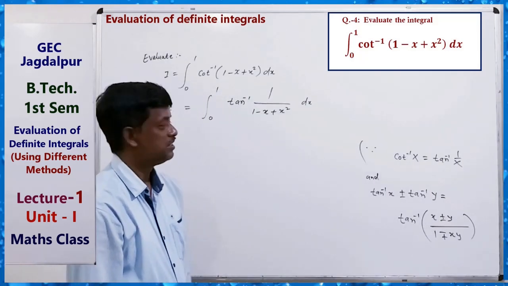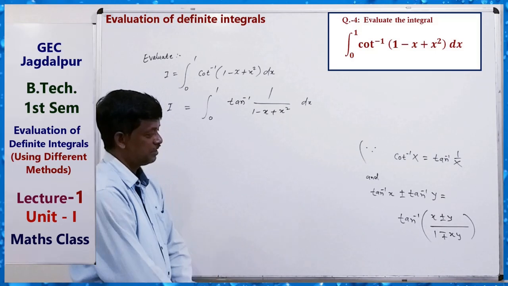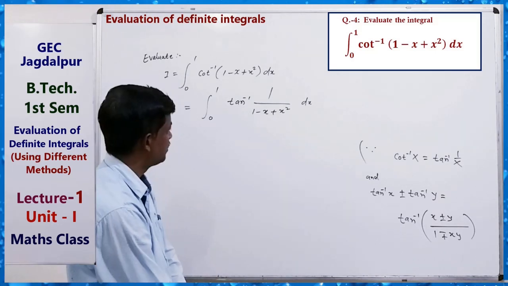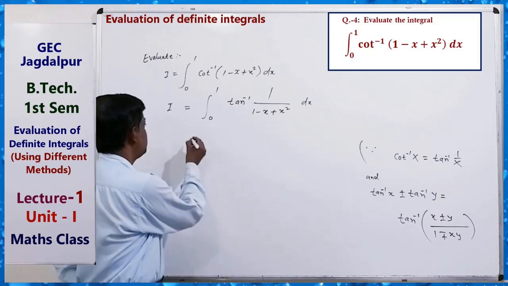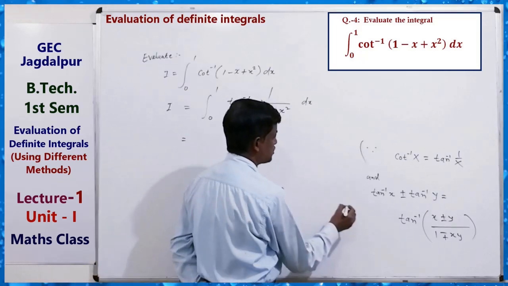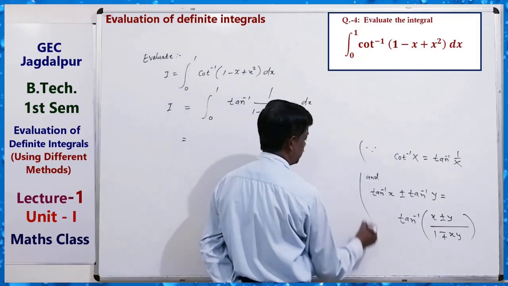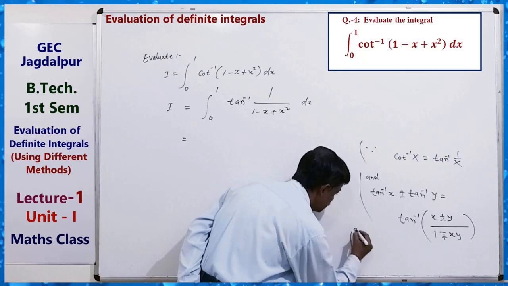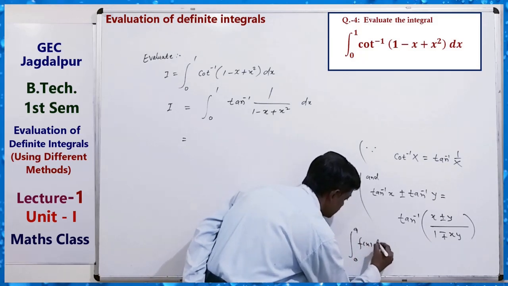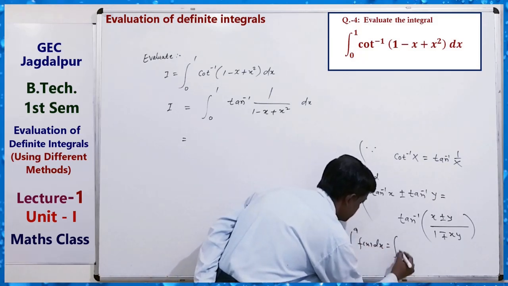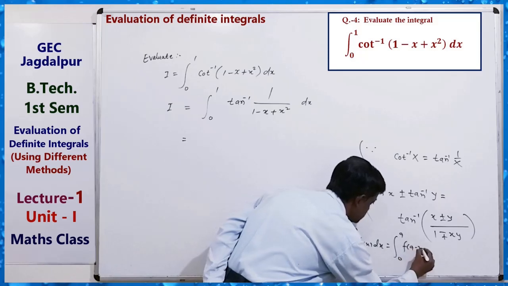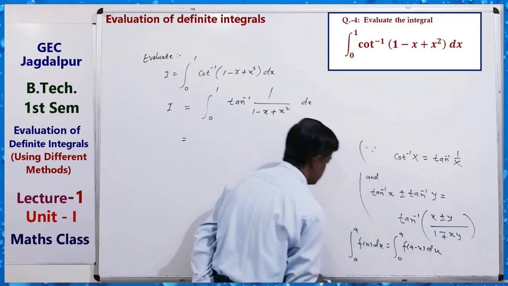Okay. So just for using this, first of all we can also use the property that integral from 0 to a of f(x) dx equals integral from 0 to a of f(a minus x) dx.